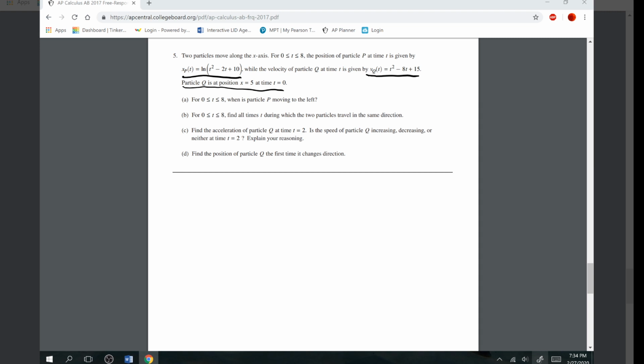So the first question says, when is particle p moving to the left? My p function is this. I'm going to take the derivative of this because that's how I can tell if it's moving to the left. That's the negative direction, to the left on a coordinate axis. So I just do u prime over u: 2t minus 2, over t squared minus 2t plus 10.